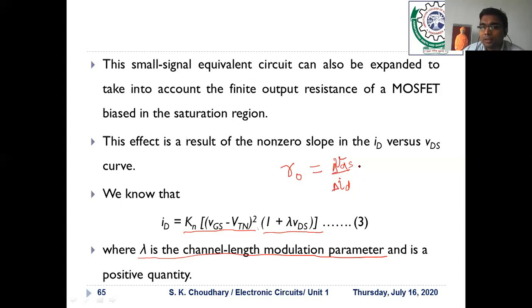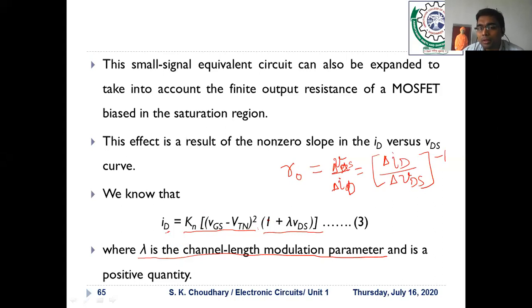Okay, but we have only the formula of ID here. So what will we do? We also write it as delta of ID upon delta of VDS, whole inverse. Can we write like this? This is also one way of writing the formula of resistance.